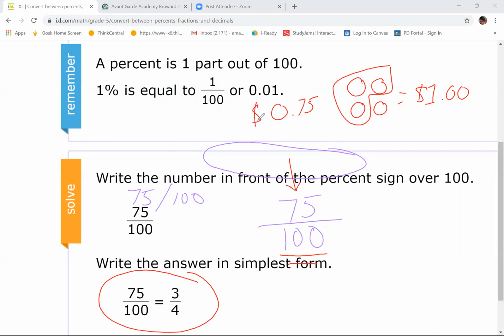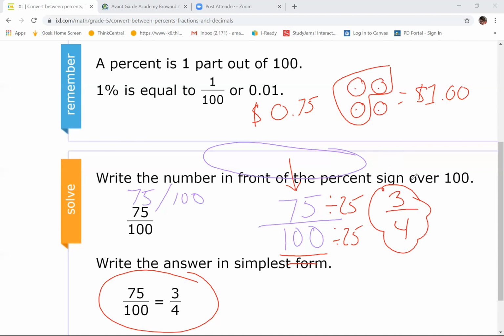What do 3 quarters and 4 quarters have in common? They have a quarter in common, and a quarter is 25 cents. If I divide 75 by 25, I've got 3, because there's 3 quarters. And 100 divided by 25 is 4 quarters. So that's how we got 3/4 as lowest terms.